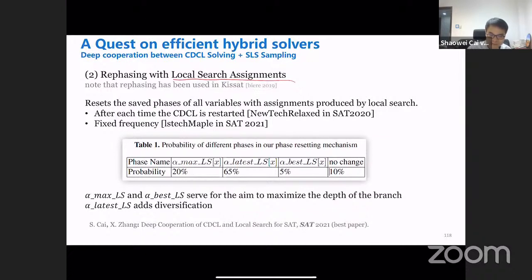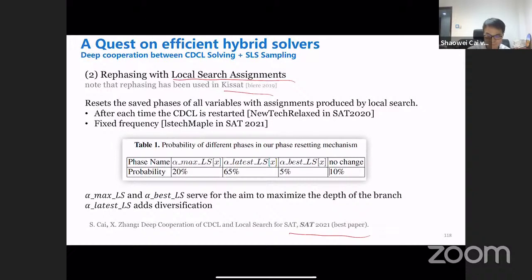Now the rephasing has been used in Kissat. In Kissat, it emphasized some lucky phase and random phase, in a probabilistic way. Here we also use it in a probabilistic way, but in our paper we show that all the set phases come from local search, and if we do the rephasing according to the local search assignment, that is already very powerful.